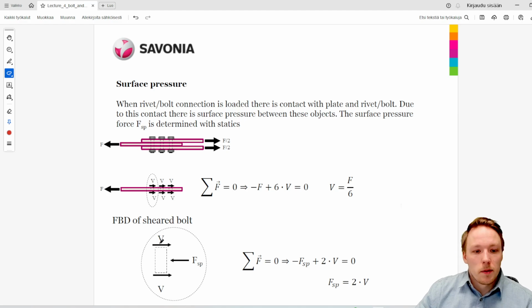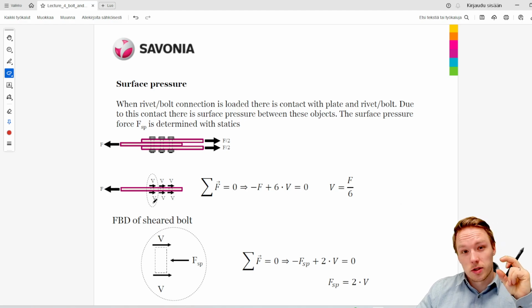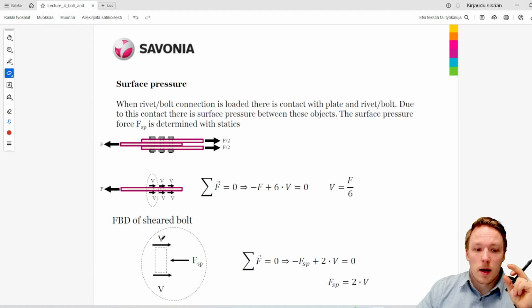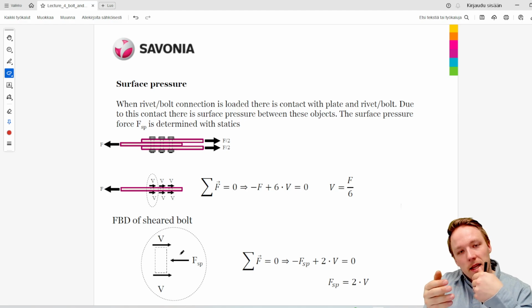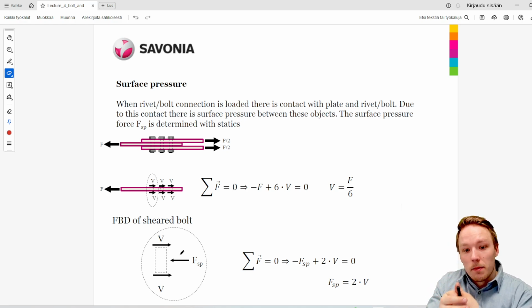In this example, we have drawn a free body diagram of a sheared bolt. So we took one of the sections of the bolt from this hole, and we drew a free body diagram. So we have the shear force on both ends, and then there is the force that is basically the reaction between the bolt and the hole in the plate.